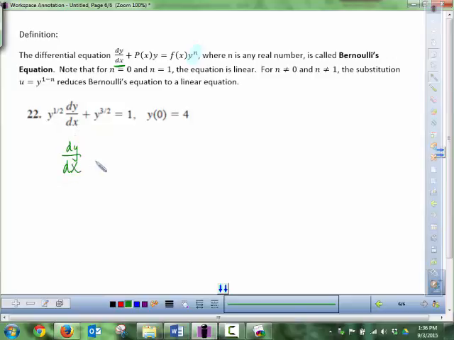So dy dx, y to the 1/2. So 3/2 minus 1/2, that's just 1, right? And then this is y to the 1/2 in the denominator, so I'm just going to write y to the negative 1/2.